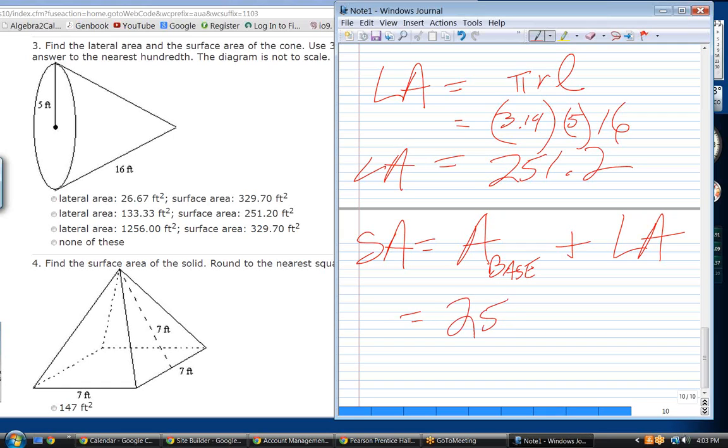Correct. So plus 251.2. There was no answer of 251.2 for lateral area. Notice this couldn't possibly be right, because this has a surface area less than the lateral area. Surface area has to be more than the lateral area.